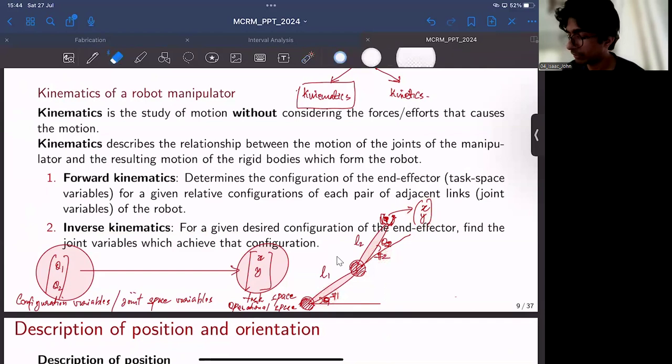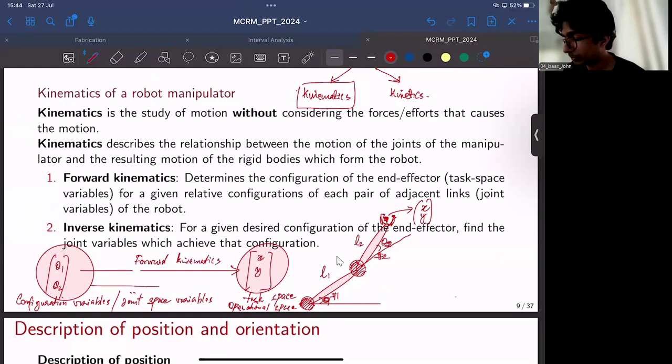So from theta1, theta2 to X and Y, this is forward kinematics. And from the task space to the joint space, this would be inverse kinematics. So the methods and techniques to solve both of these problems, forward kinematics and inverse kinematics, we would be covering from week 2 onwards.